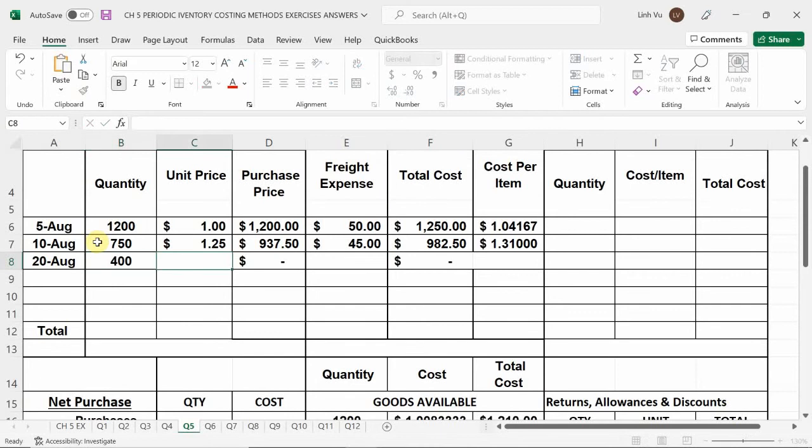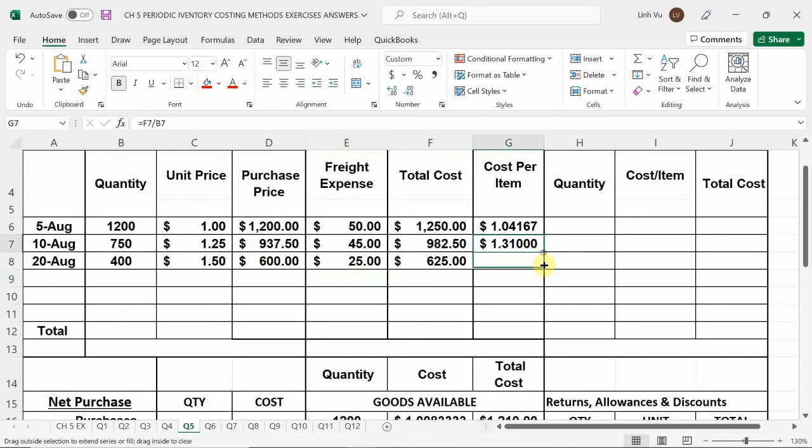The purchase price was 600, plus the 25 gives you 625. Good. And 1.5625. Good.